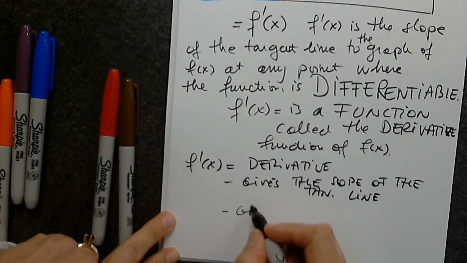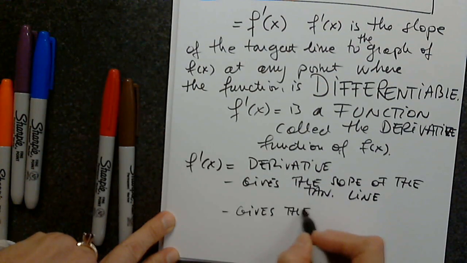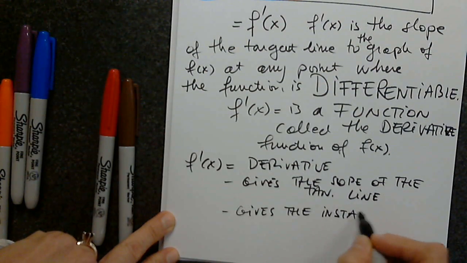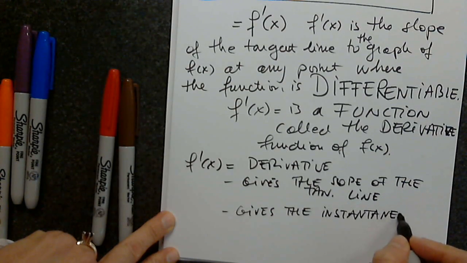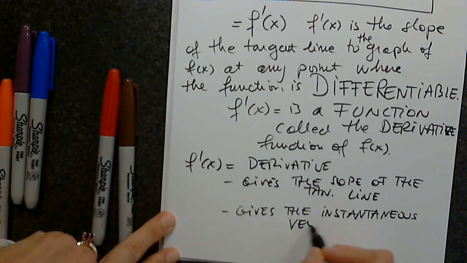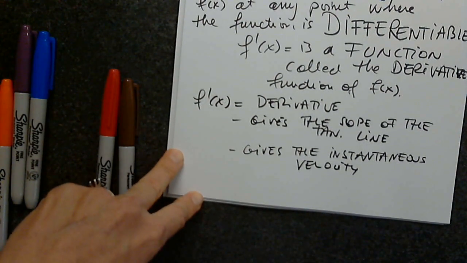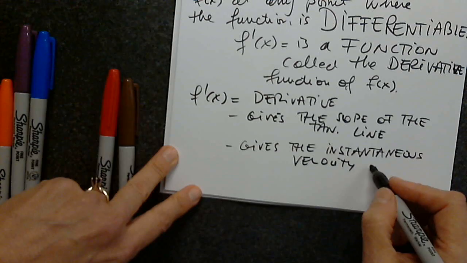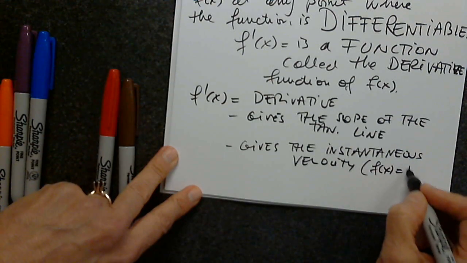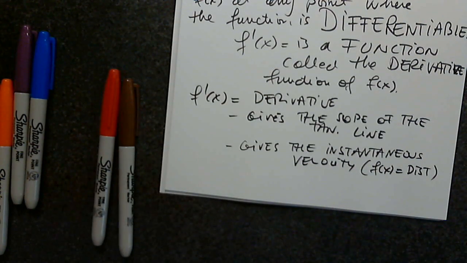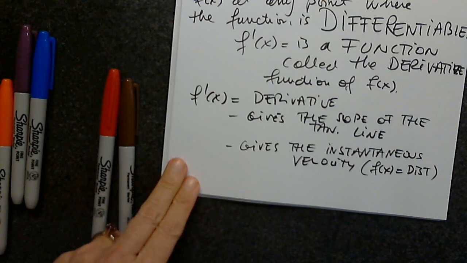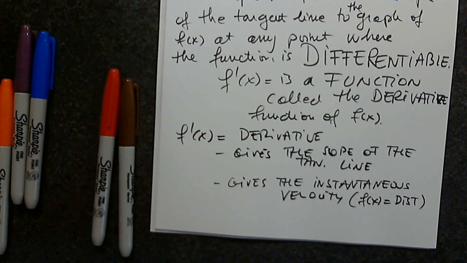It also gives the instantaneous velocity at any point if the function f of x is the distance. It's all of the above: the slope of the tangent line, the instantaneous velocity, as well as the derivative at any point where the function is differentiable.